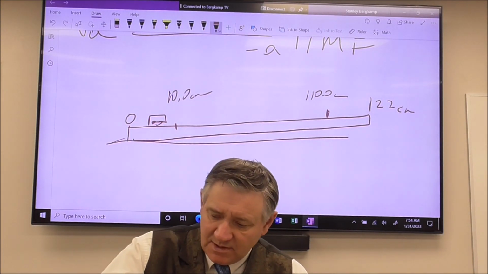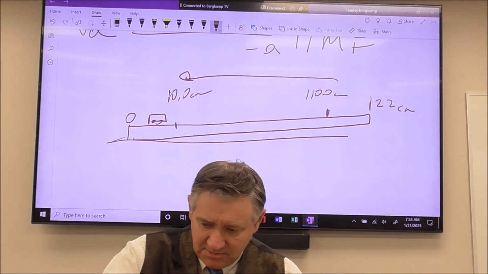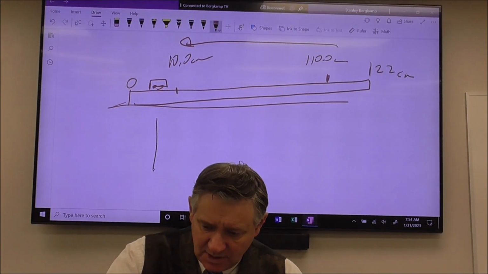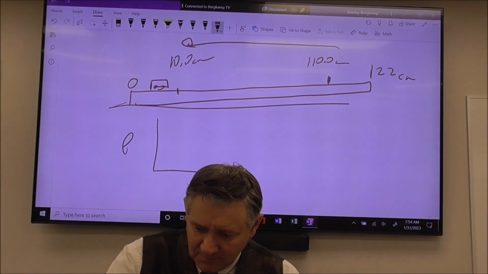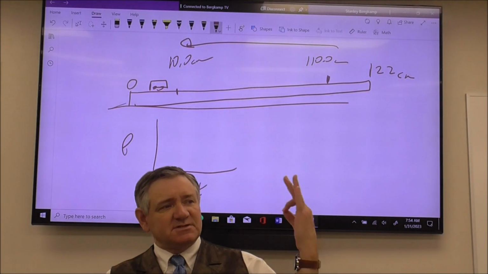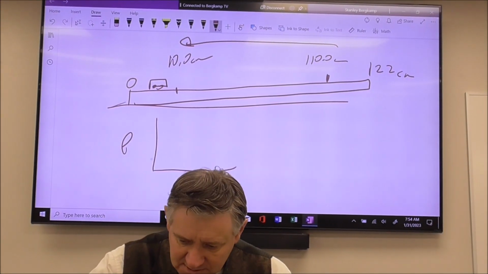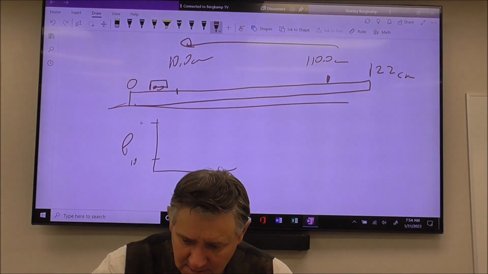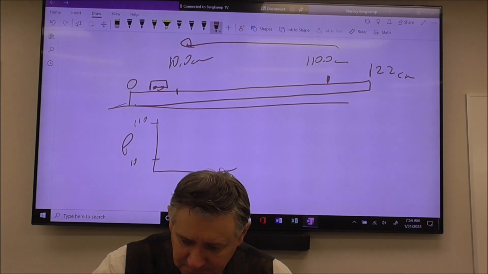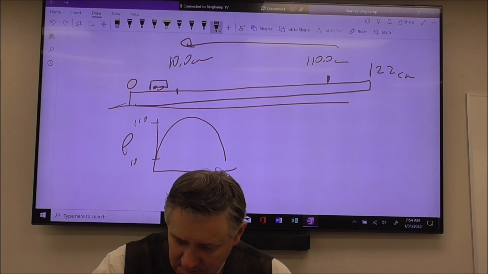Then it's going to return back to 10 centimeters. So we can oddly enough draw a position time graph. I'm going to give you 3 options on the position time graph. Here's 10, there's 110. So you can have a graph like this. So there's curve A.